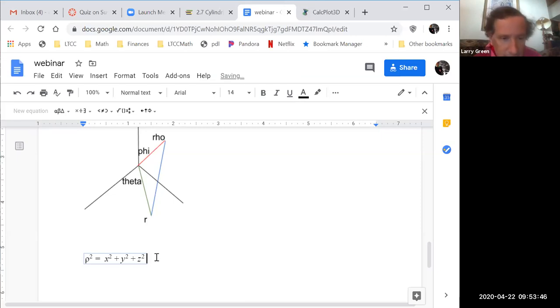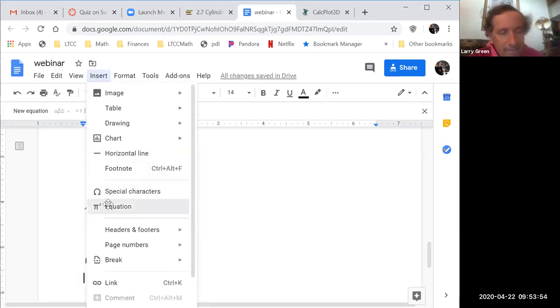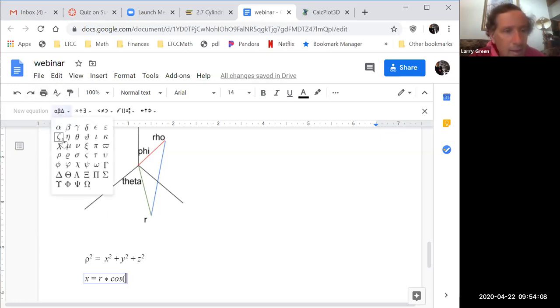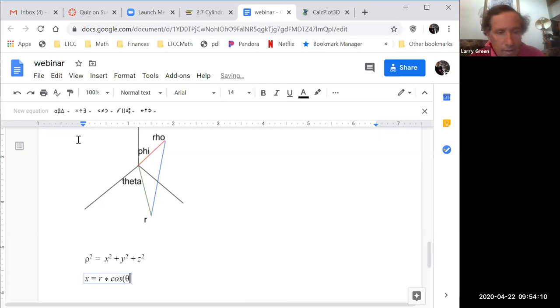I'm going to do that on the next line. Let's look at x. I think the easiest way is realizing that x is equal to r times cosine of theta. We had that before.